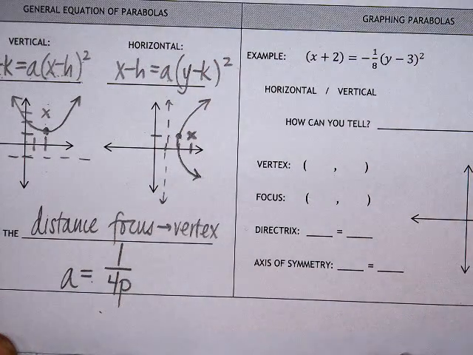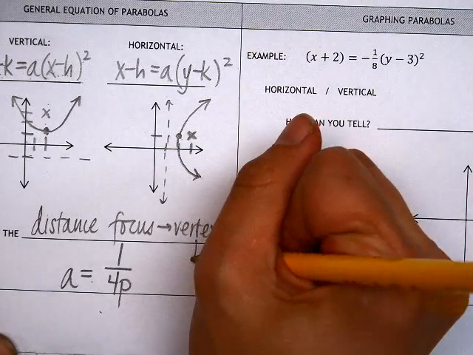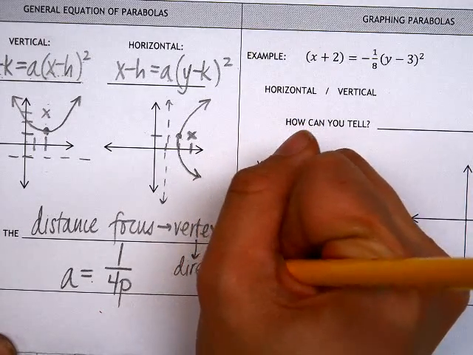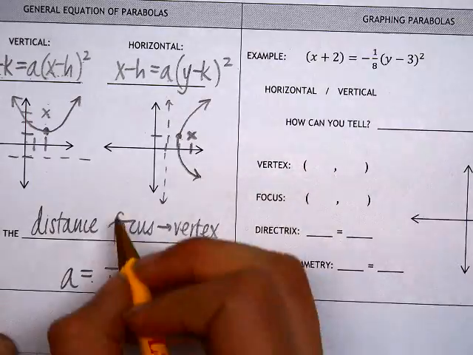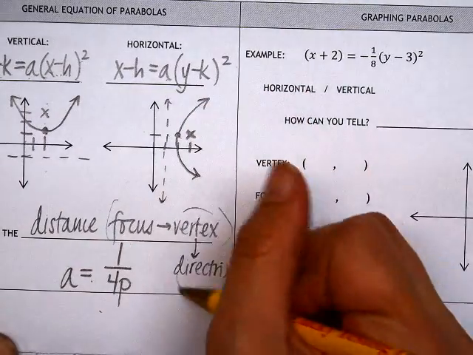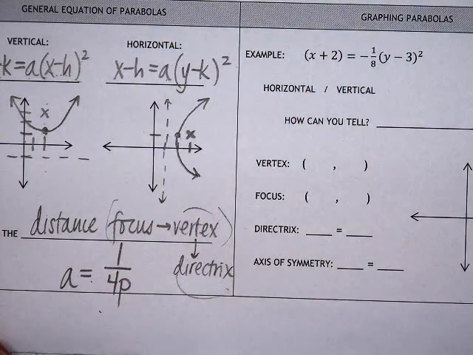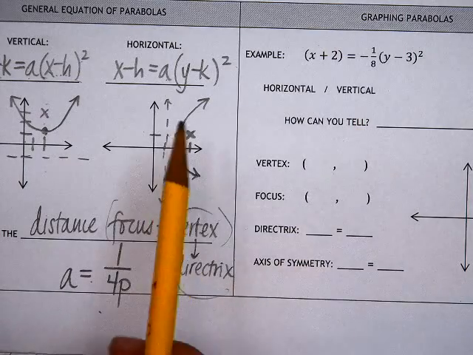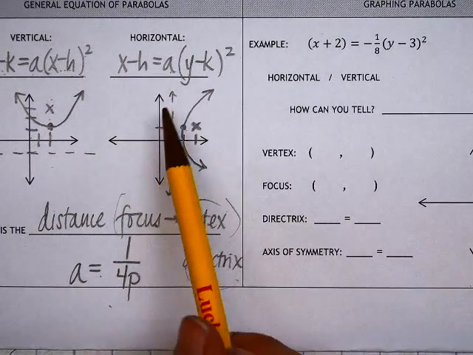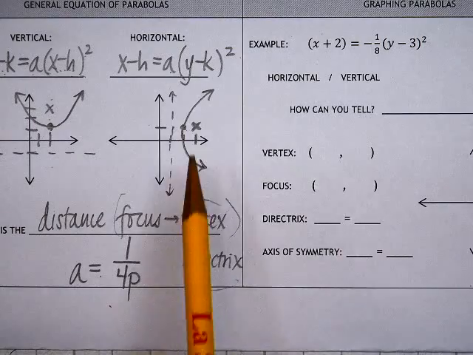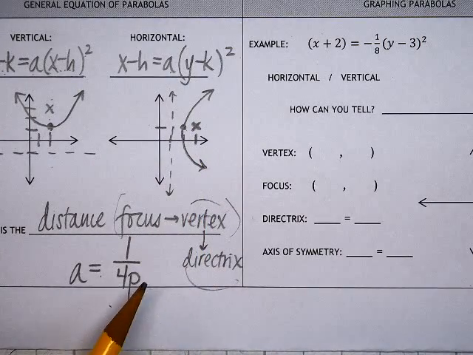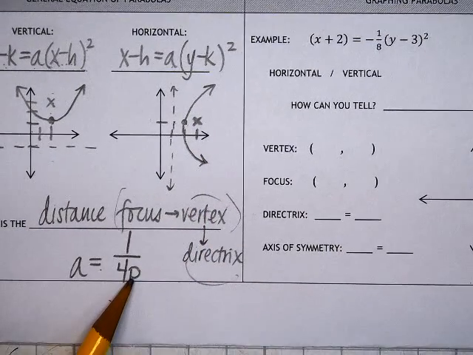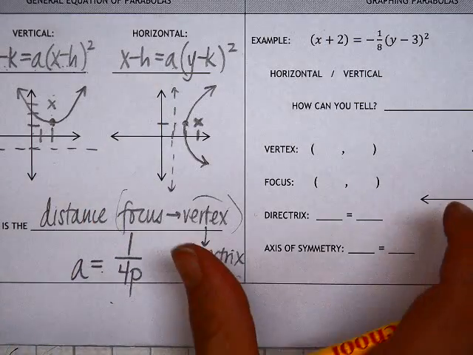Now, you'll remember, of course, that that distance is also the same as the vertex to the directrix. So you could take it as either one or the other. Doesn't matter, it's the same distance. So in any example where you're going to see that a value, you will see it generally in fraction form, and you'll notice that it's usually a multiple of 4, because that'll mean that it was 4 times some distance to give you that number.